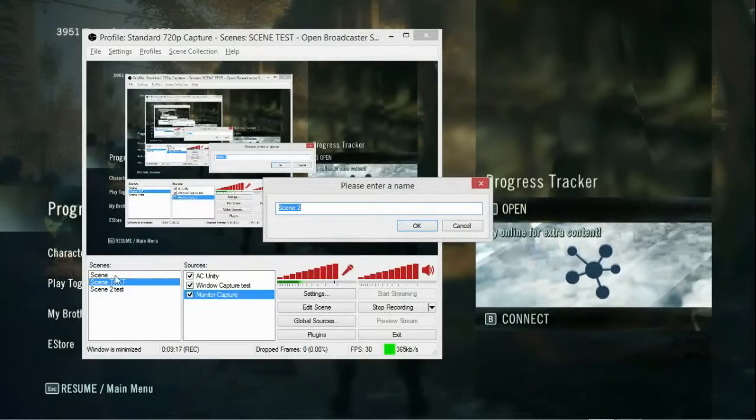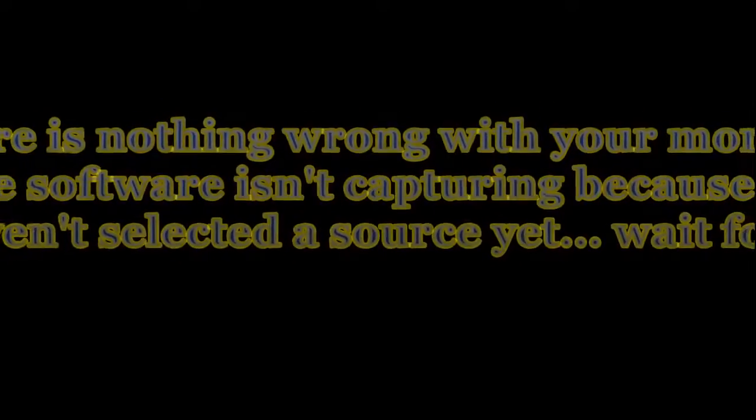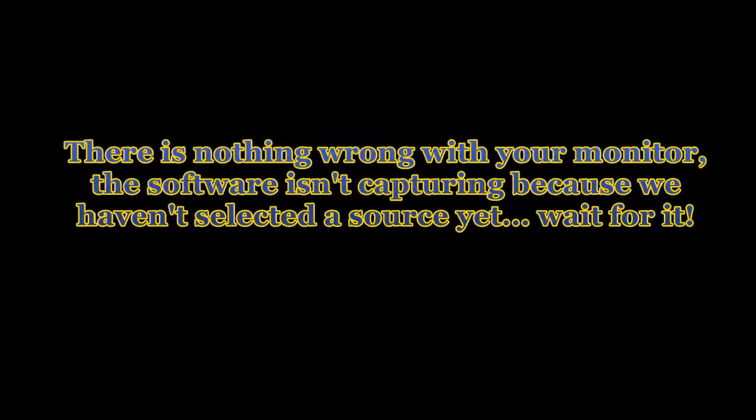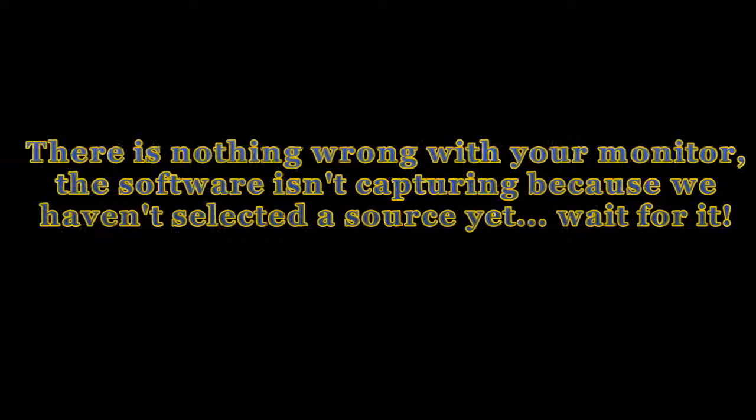For mine, I picked these choices here, but we'll just say that I'm going to go with scene 2. Then you have to choose a source. So now you see for this particular preset that we've just picked, there's no source selected, so we're back to the black screen. So for my first source, I'm going to choose monitor capture, which is the entire monitor. So monitor capture is essentially everything that I am clicking on.